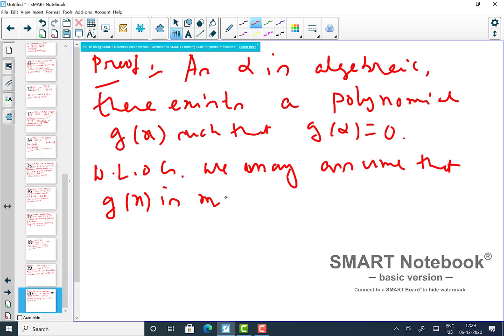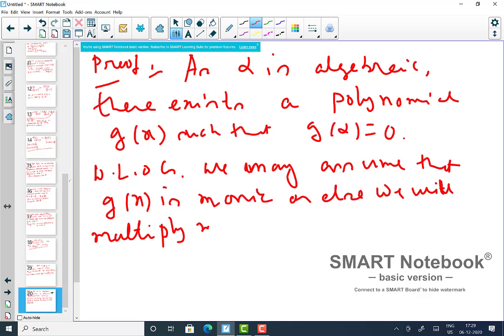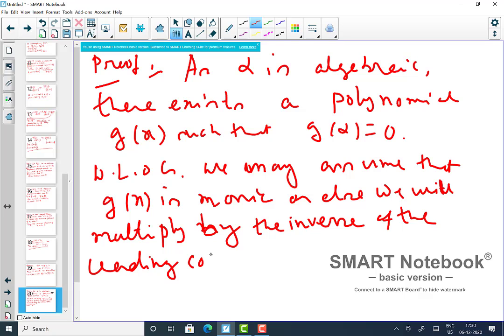Monic means the leading coefficient is 1, or else we will multiply by the inverse of the leading coefficient to make it monic.